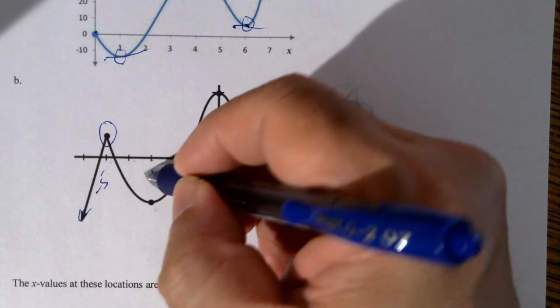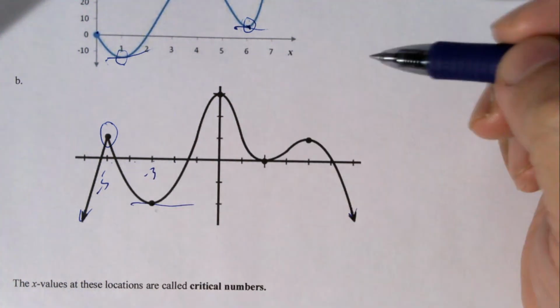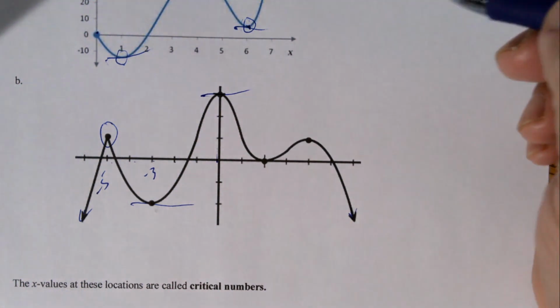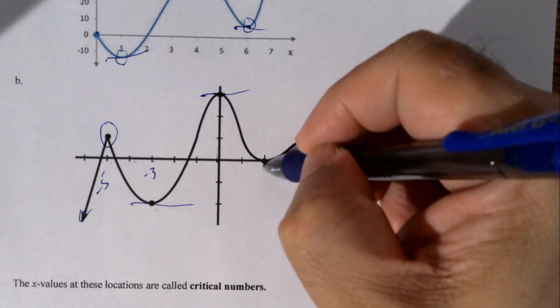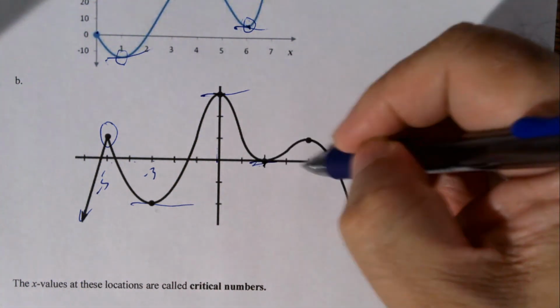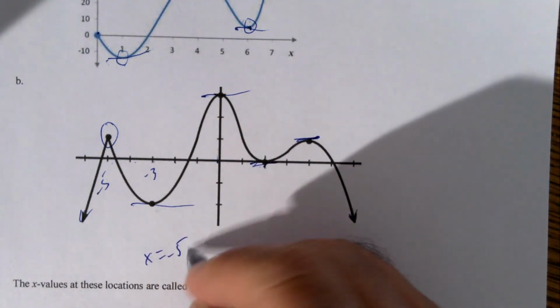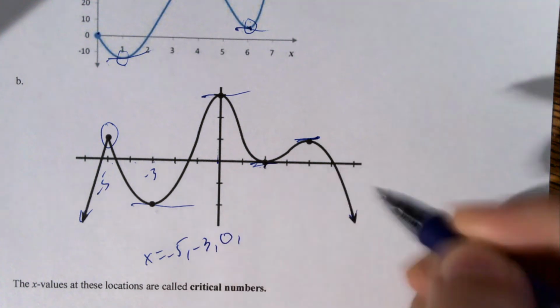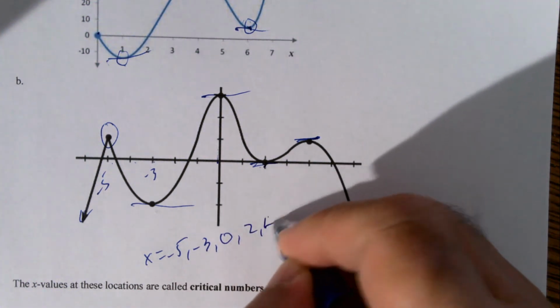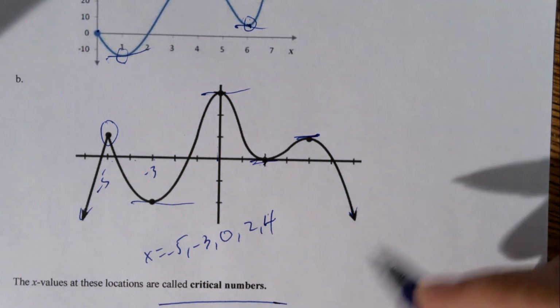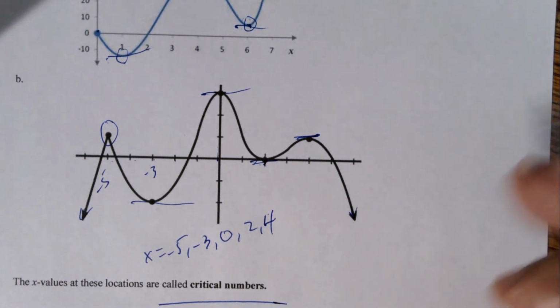Here at -3, we have a horizontal tangent, a slope of 0. At x equals 0, we have a horizontal tangent. At x equals 2, we have a horizontal tangent. At x equals 4, we have a horizontal tangent. Now, x equals -5, -3, 0, 2, and 4 are called critical numbers. Whenever the derivative is equal to 0 or undefined, these are critical numbers.